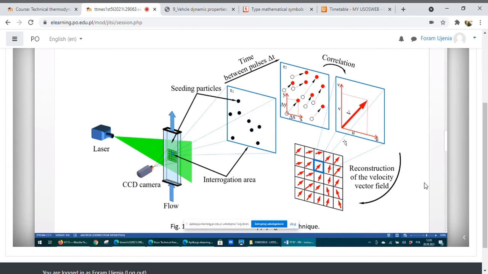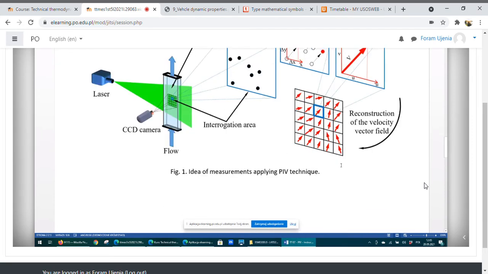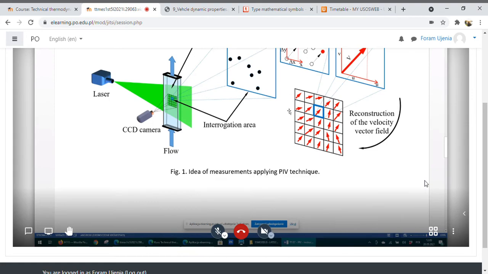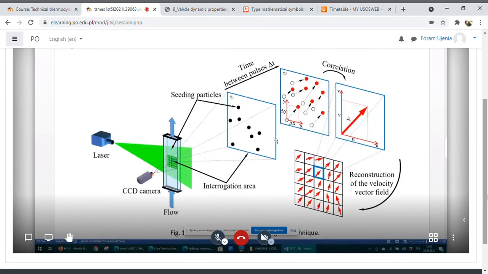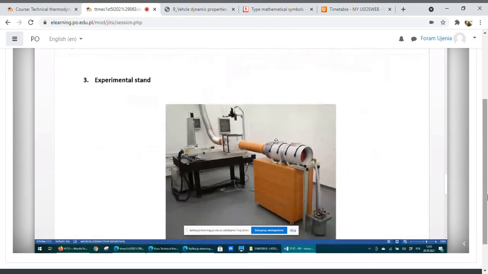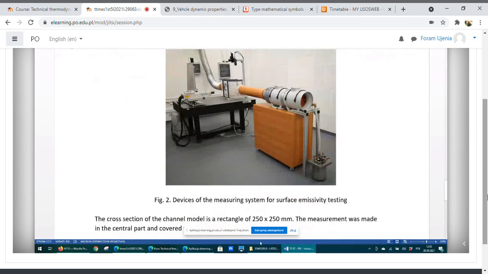And if we have a lot of these velocity vectors, we can calculate the velocity field in a huge area. And this is the idea of the PIV method.